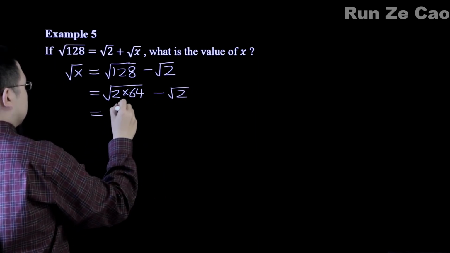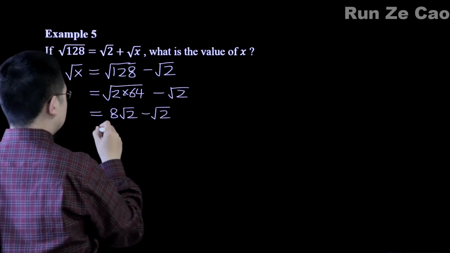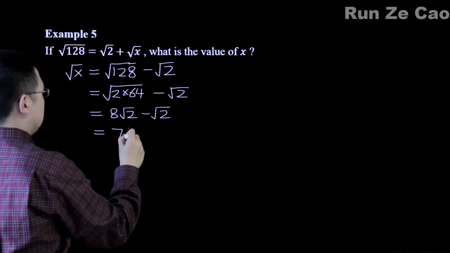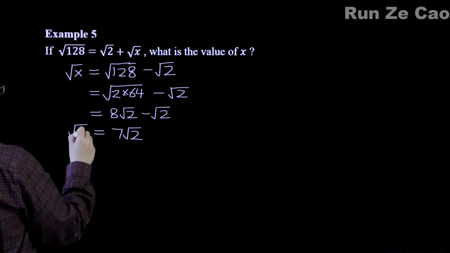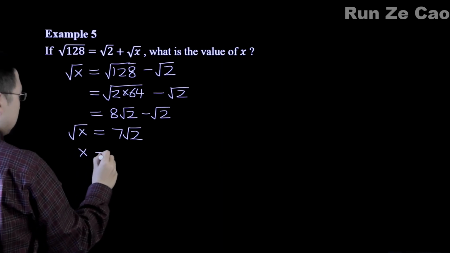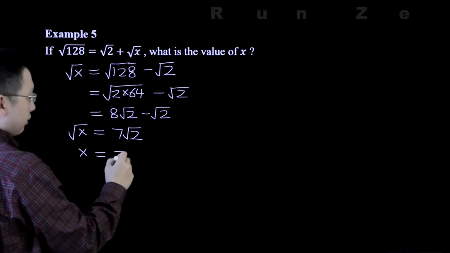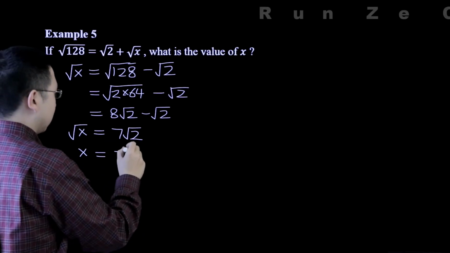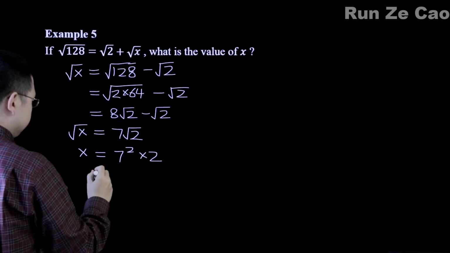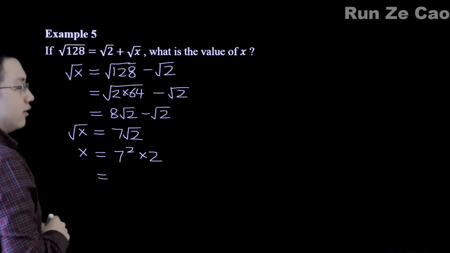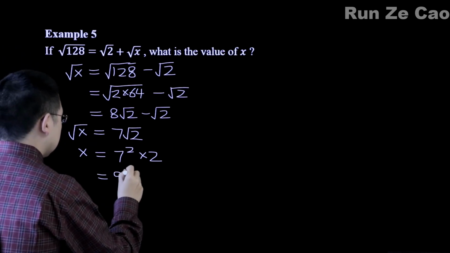So 8 root 2 minus root 2 equals 7 root 2. So that's root of x. Then x is equal to, well, we could write bracket 7 root 2 squared, or we could write something like this, 7 squared times 2. What is 7 squared? It is 49, and therefore this is 98.